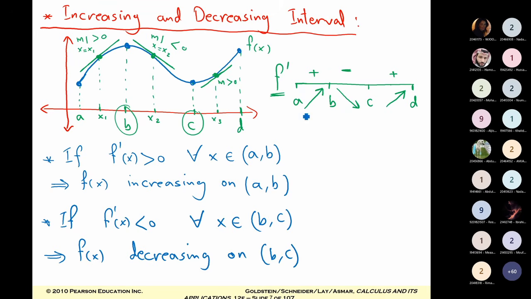Now from here we can conclude this is increasing from A to B, decreasing from B to C, and increasing also from C to D.